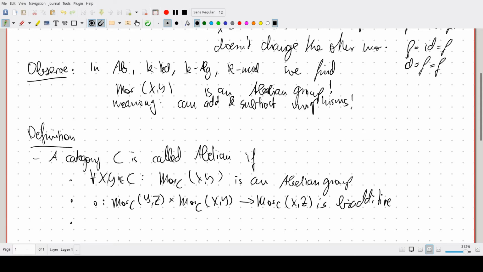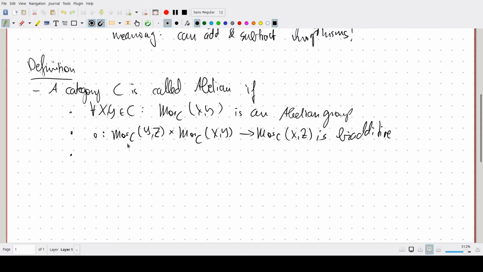And then we have a couple of more technical requirements. For example, we need to have finite products and finite coproducts, and they actually need to be the same.